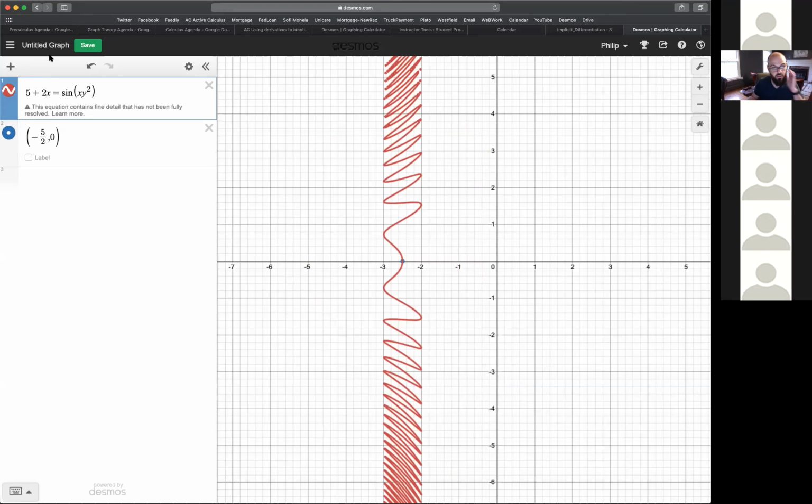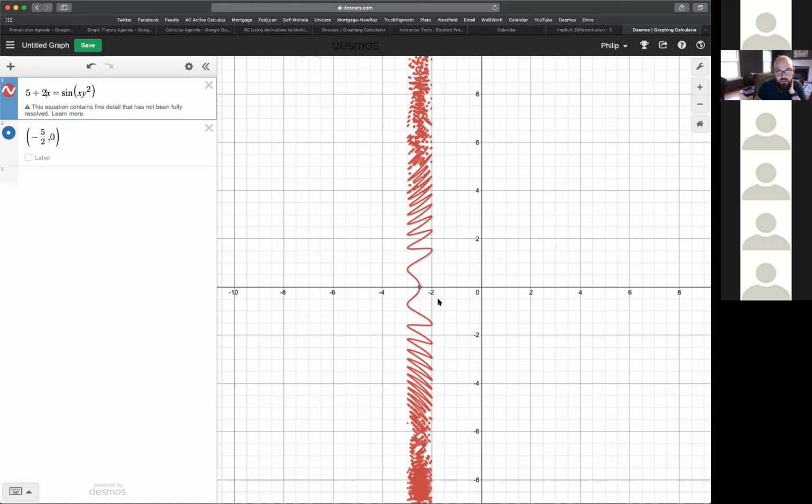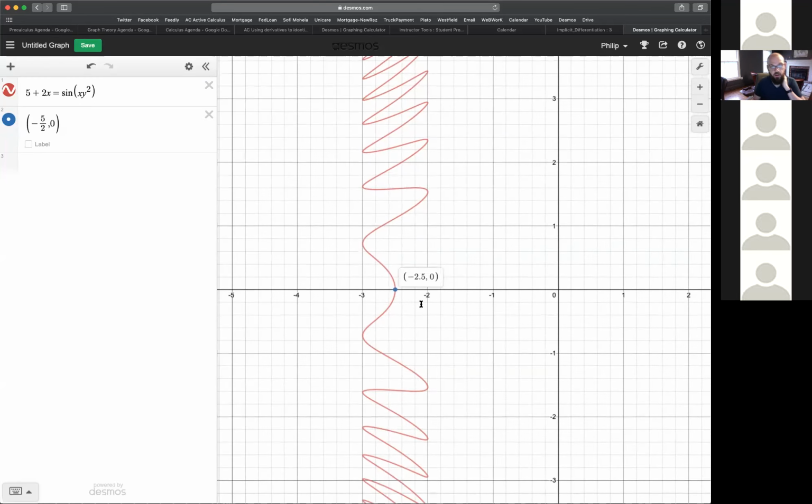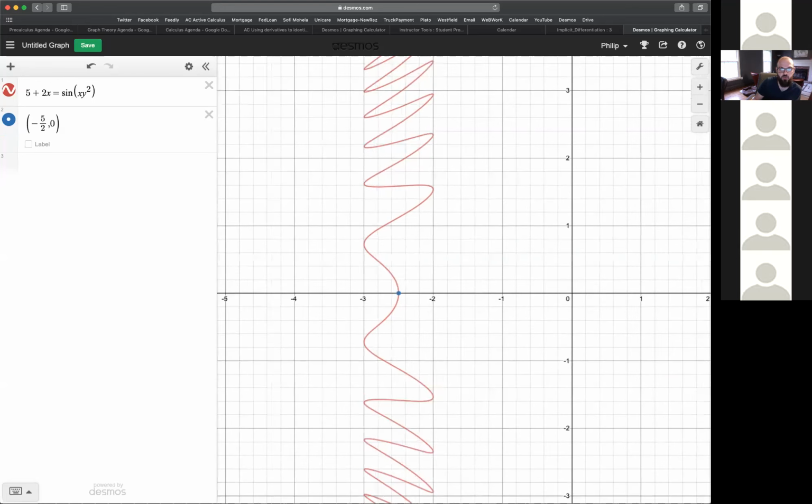This is going to be similar to this, right? So here's what our equation looks like. Pretty messy. Just looking at it visually, I think we're going to find that we have a vertical tangent line.